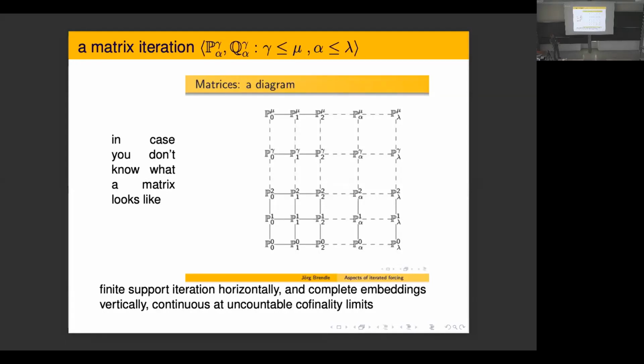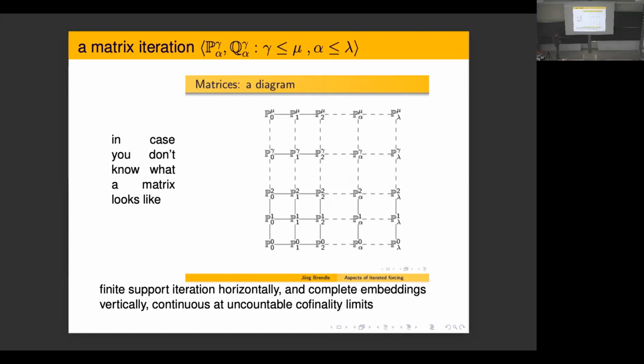They don't have to be an iteration, they just have to be an increasing chain of relative complete embeddability. So the Q down on this level doesn't have to be completely embedded in this one, but only with respect to maximal antichains that have names by this guy. So that's the nature of matrix iterations.